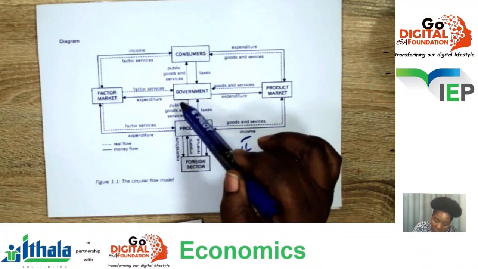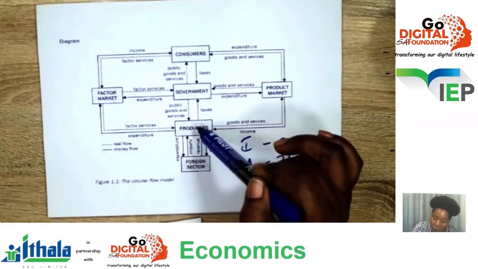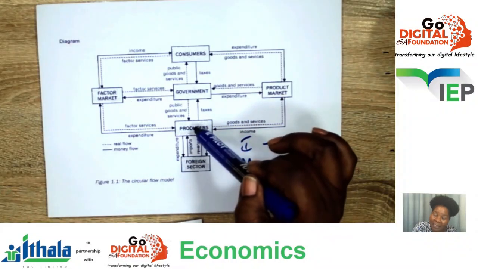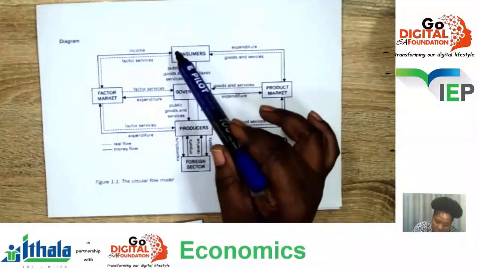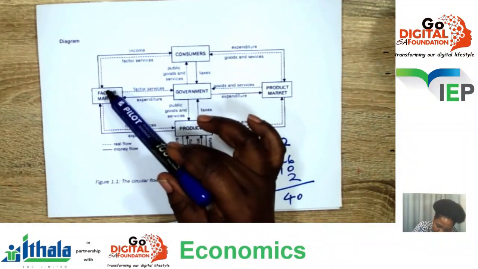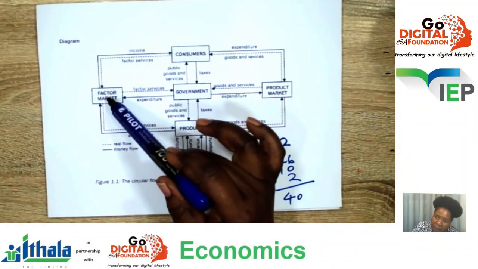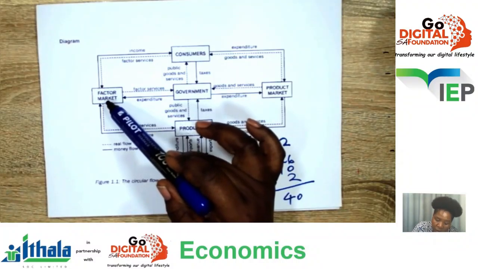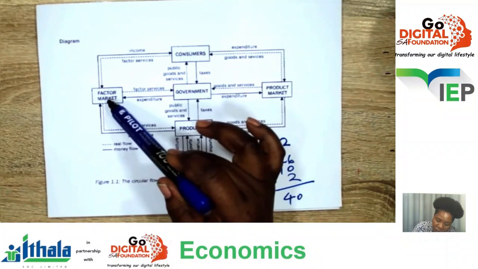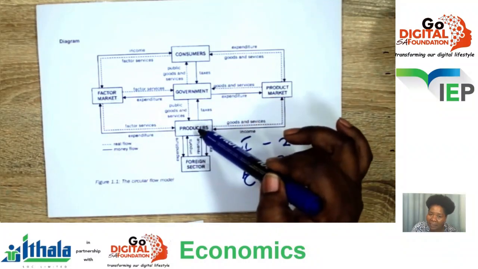So when we go and look for work to the producers, we expect payments. So that is why the first arrow on the inside goes to the factor market where factors of production are offered. Why do we offer those factors of production? So that we can get income.